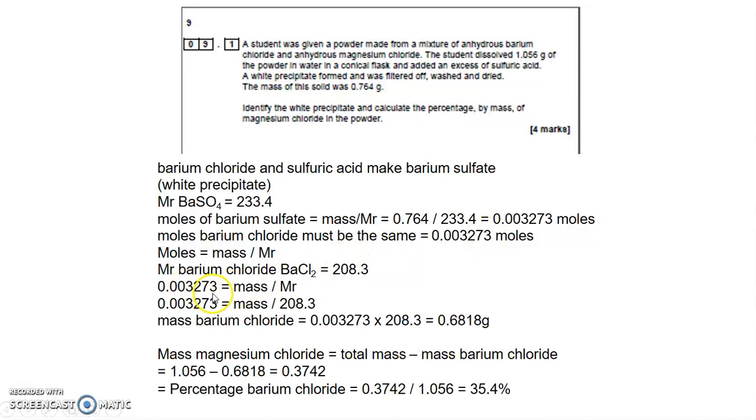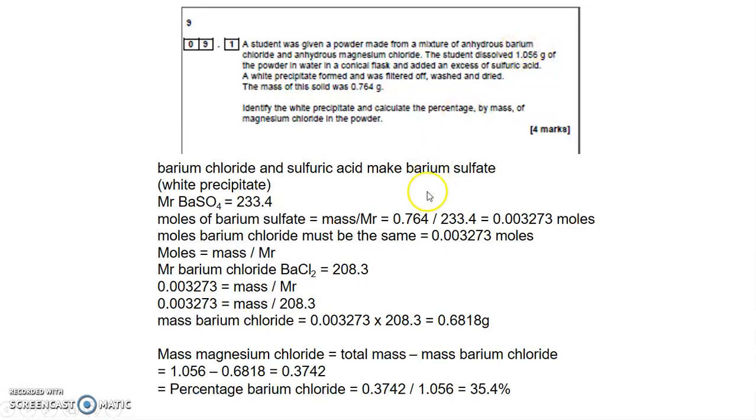So now I've got the Mr of the barium chloride, and I've got the number of moles of barium chloride. Moles is mass divided by Mr, so the mass is the moles multiplied by the Mr, 0.003273 times 208.3, 0.6818 grams. And now I know the mass of the barium chloride in the mixture. Now the mixture had a mass of 1.056 grams.